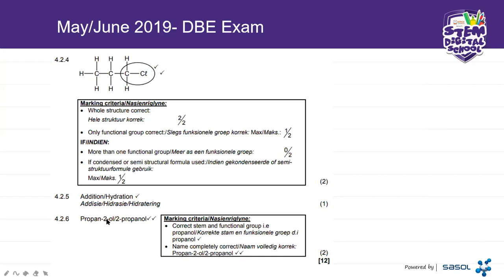You can end up putting the 2 before the N, or spend a lot of time confused about where the 2 is supposed to be within the letters. So it's always best to write 2-propanol. These are your grade 12 exam questions that you need to understand and familiarize yourself with.